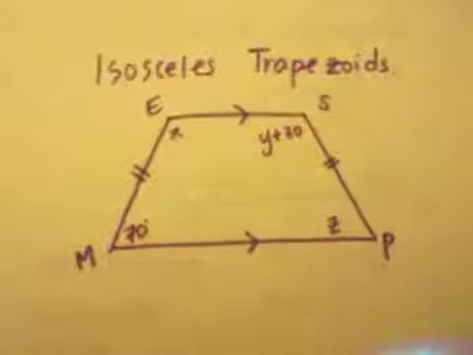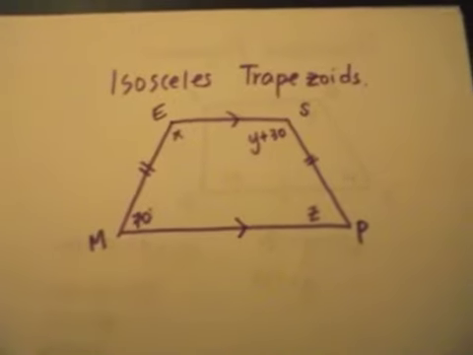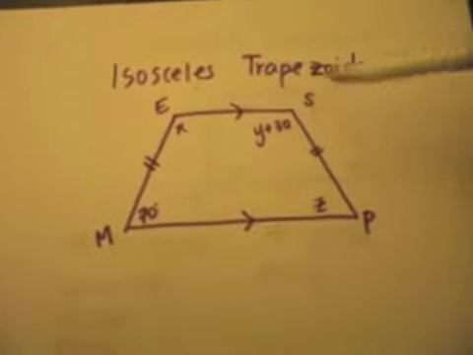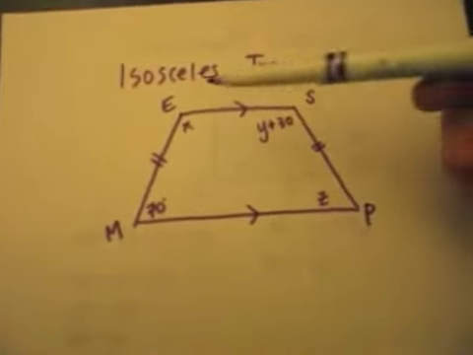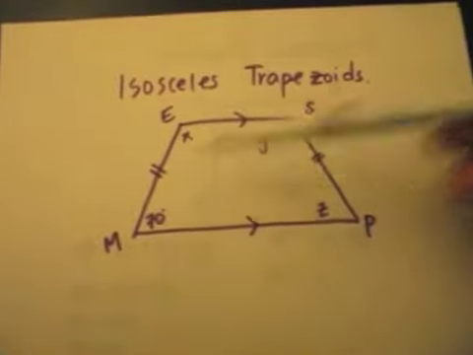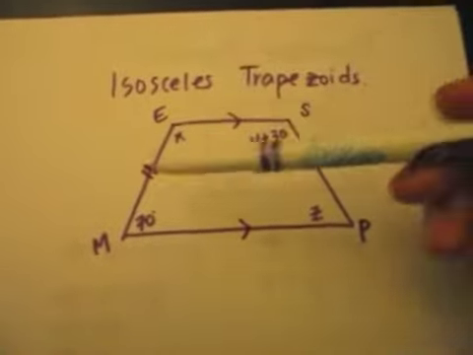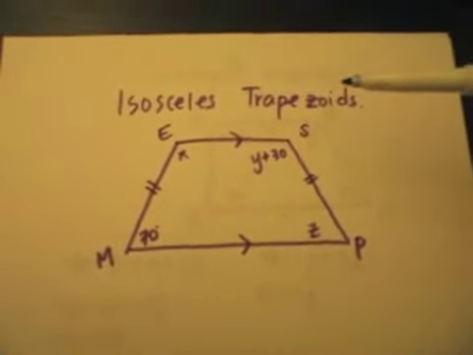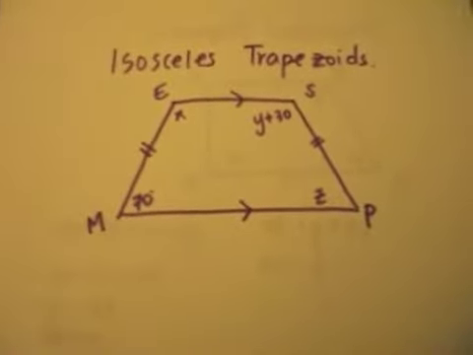The special case of trapezoids we talked about was the isosceles trapezoid. Remember, for the isosceles trapezoid, you're going to have two legs. Both of the legs, not the bases, both of the legs will be congruent. Now, what was special about isosceles trapezoids?